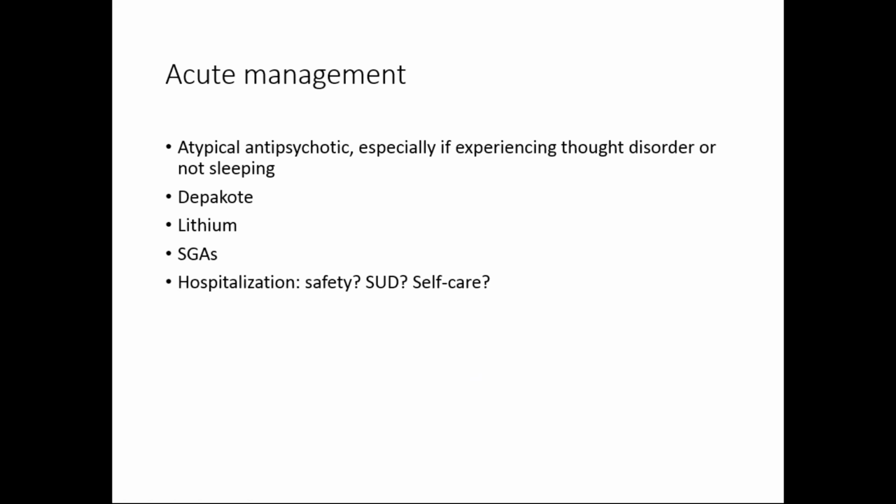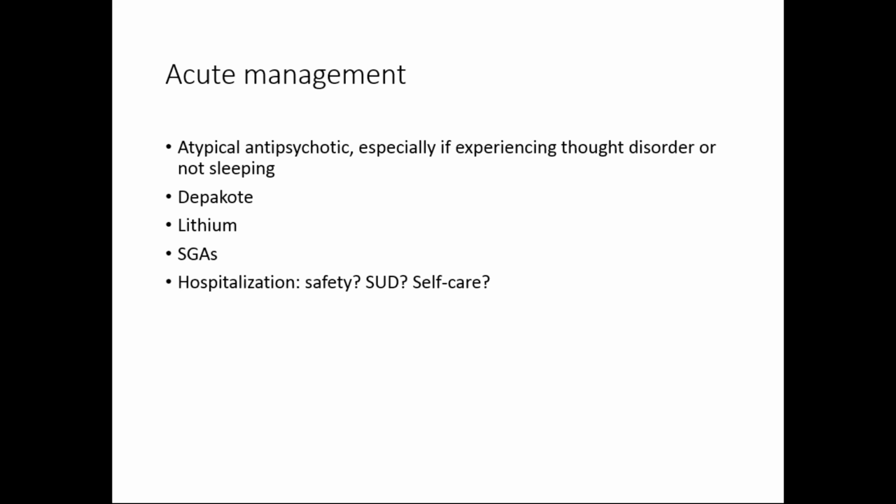This is what we just talked about. Atypical antipsychotics, especially if the person's having paranoia or auditory hallucinations, or they're really convinced that they're a special agent working for the government and they need to talk to the new governor about their plans to fix Birmingham infrastructure.